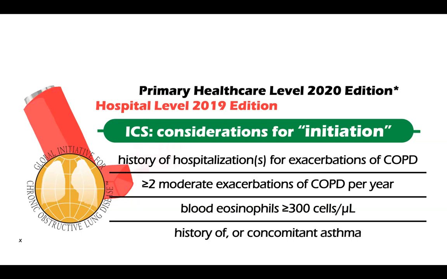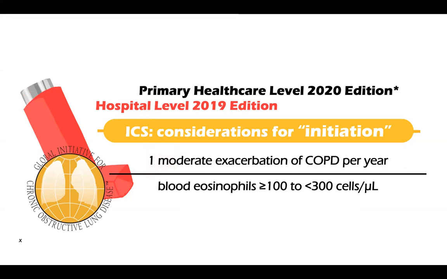Also, because asthma and COPD can overlap or be concomitant, when you have a patient that has both asthma and COPD, ICS comes in handy. In the middle ground, when it comes to ICS and COPD, will be patients that only have 1 moderate exacerbation per year, or patients that have blood eosinophil count between 100 and 300. So equal or greater than 100, but lesser than 300.